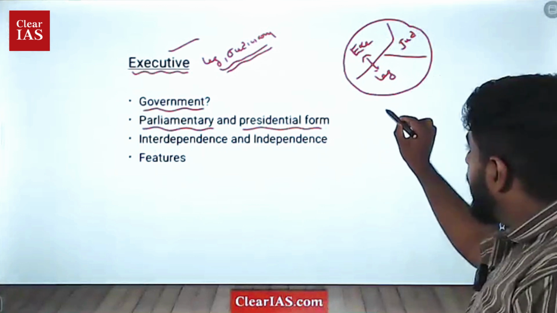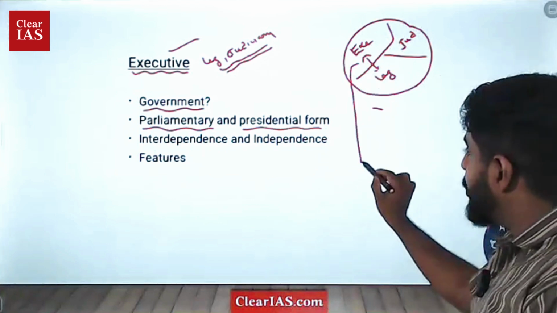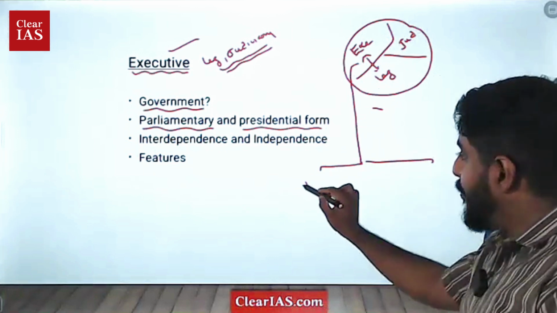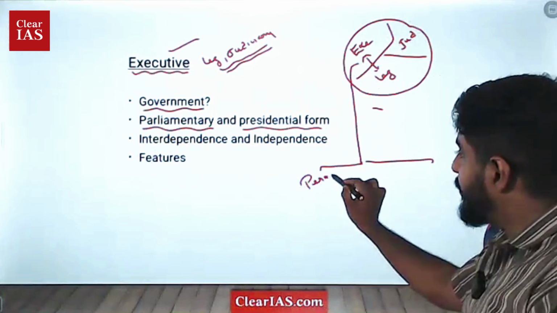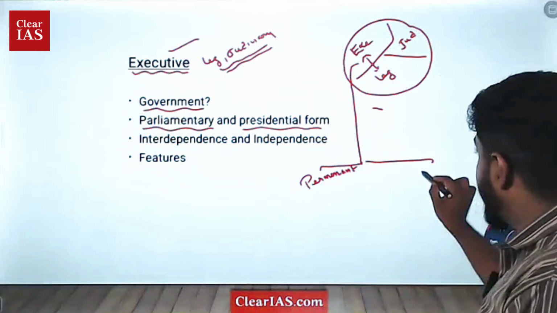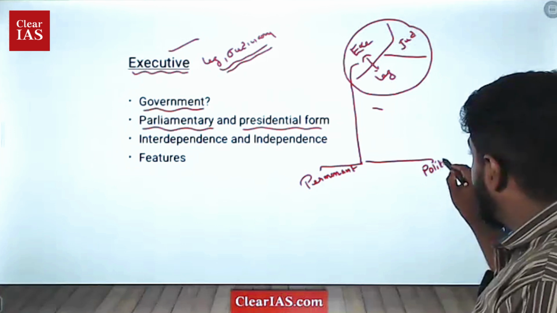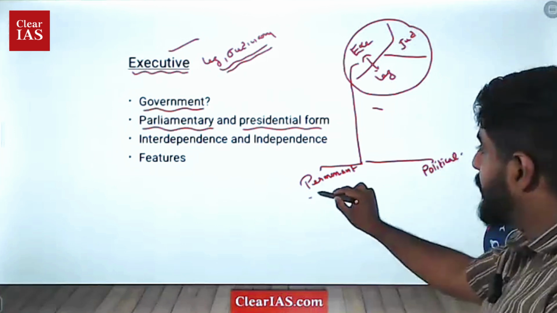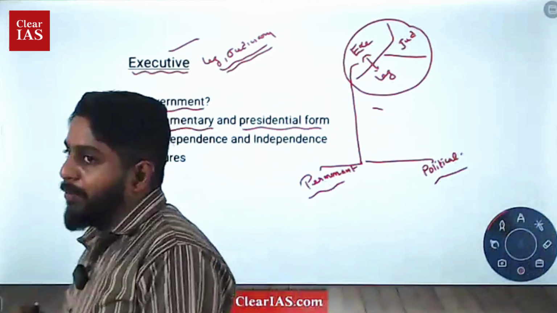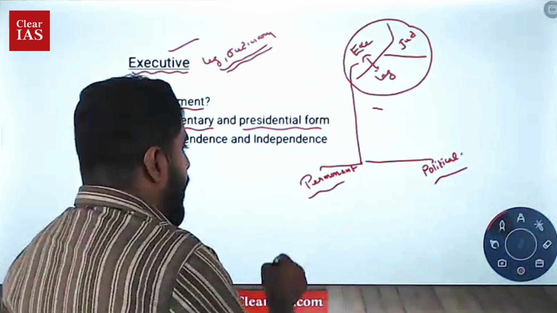Now, when you talk about the executive, it can be differentiated into two. Number one is the permanent executive, and number two is the political executive.